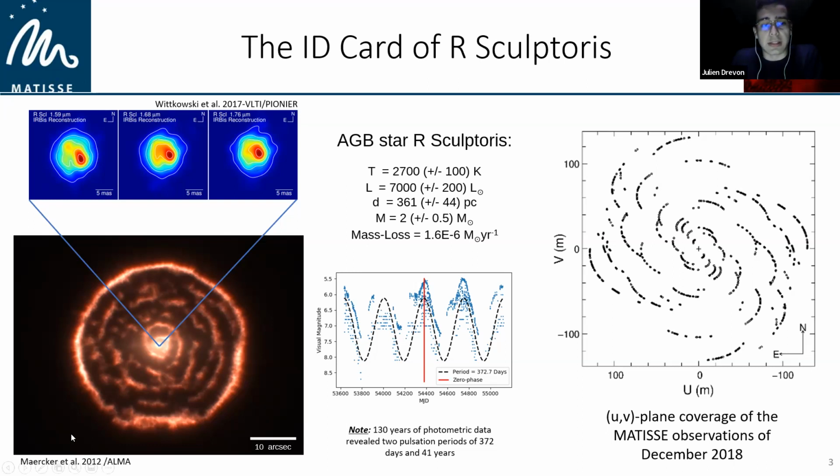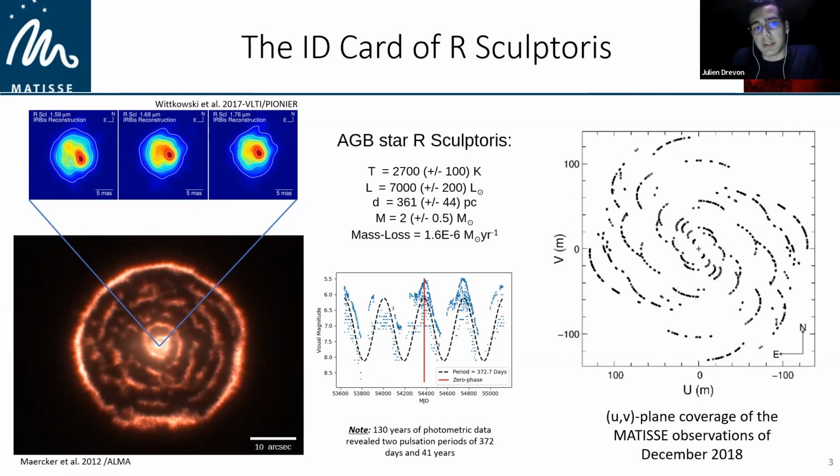For example, at large scales with ALMA, you can see those spiral arms, which are usually induced by a binary companion, and a much closer view made with PIONIER data. Here you have an example of the image reconstruction done by Markus Wittkowski and his team, where you can barely see the photosphere and the close environment of the star.